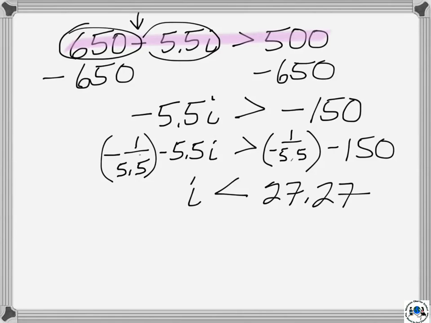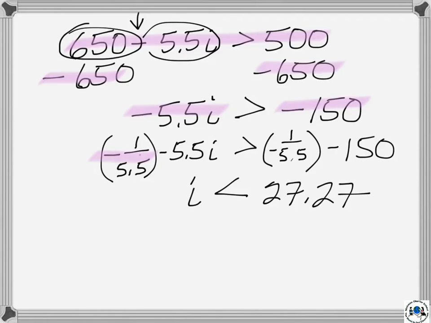Okay. So first thing I did is, again, I subtracted away, just trying to isolate that variable. So I subtracted away 650 from both sides, and you can see what a mess this makes. Well, kind of a mess, but we have negative 5.5i is greater than negative 150. Now in order to make one single i, I need to multiply by the reciprocal.